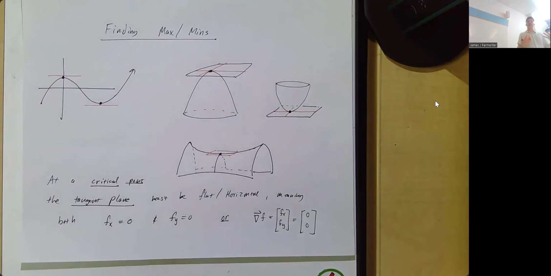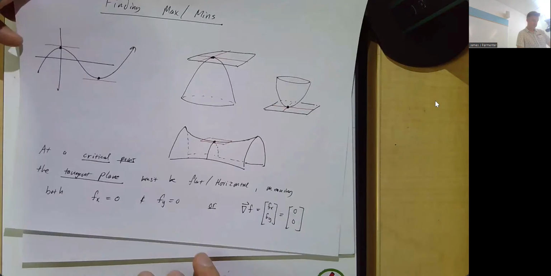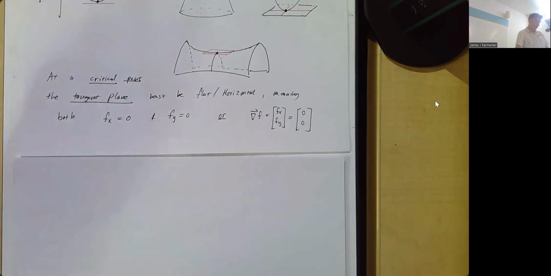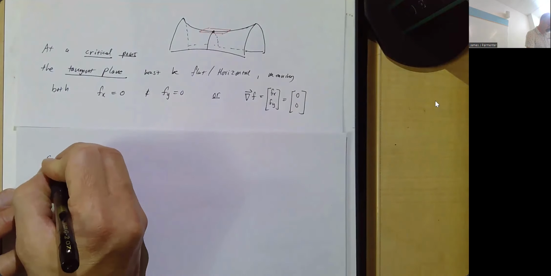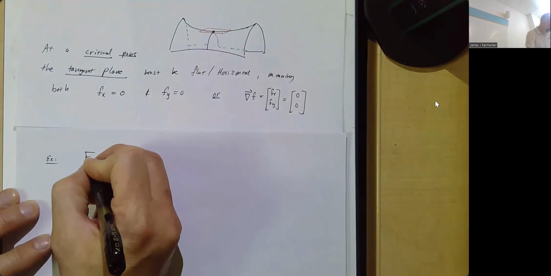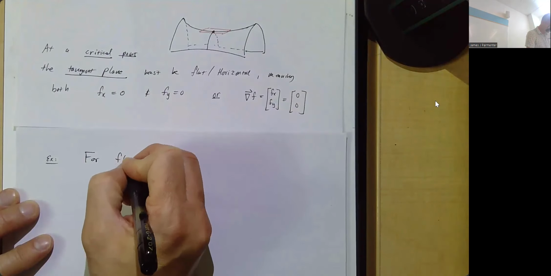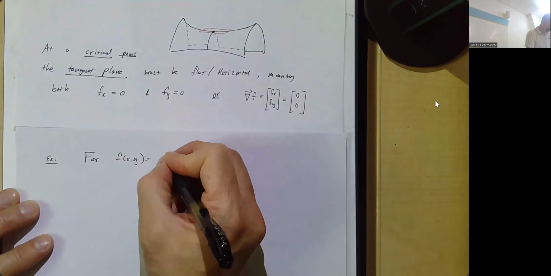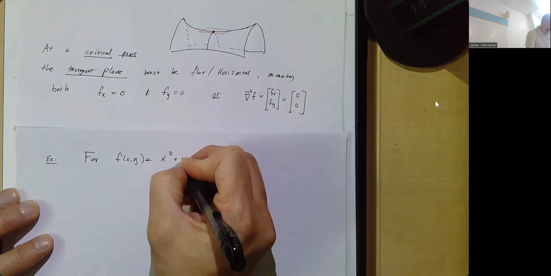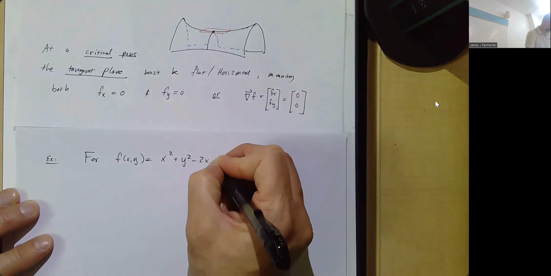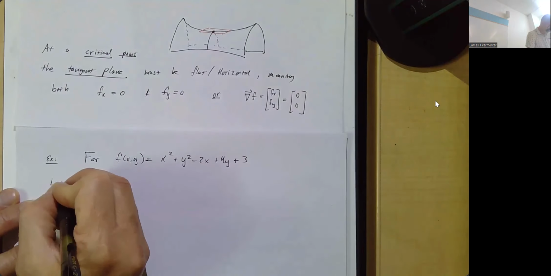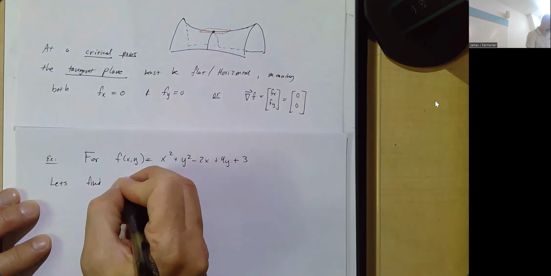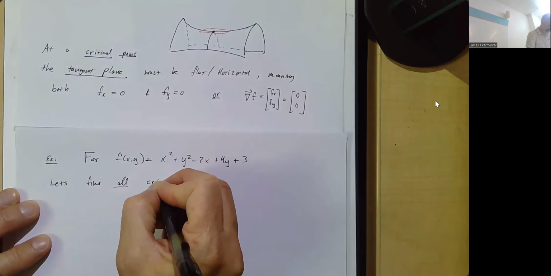So let's look at some examples. Let's say we have the following function of two variables: f of x, y equals x squared plus y squared minus 2x plus 4y plus 3. Let's find all the critical points.